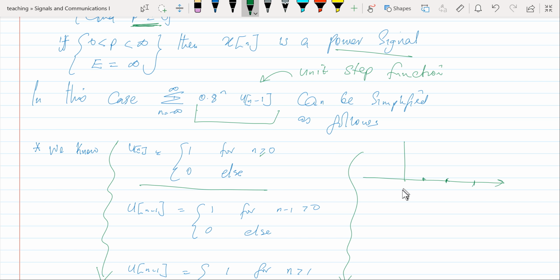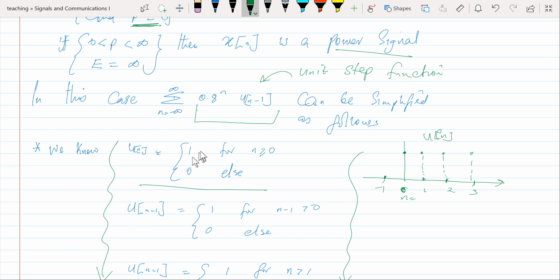If this is our n axis, 0, 1, 2, 3, and this is minus 1, then at the point where n is equal to 0, the function u of n is equal to 1, and equal to 1 at these points. These are discrete step functions. But it is equal to 0 at any value that is less than 0.